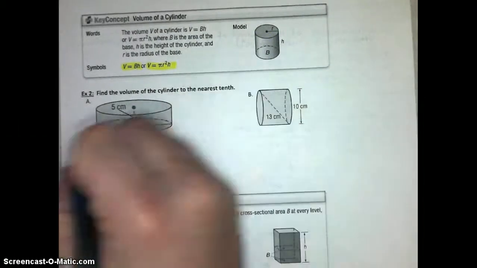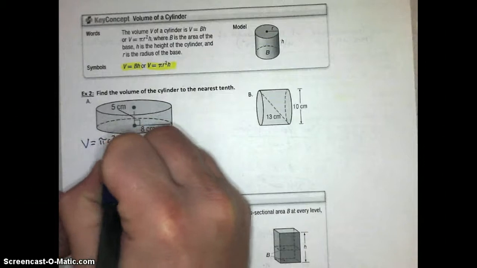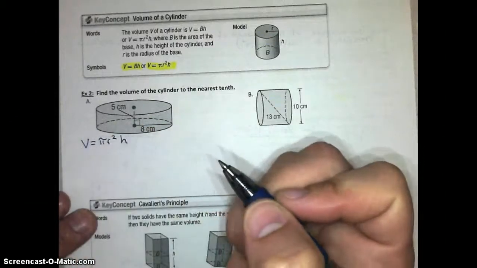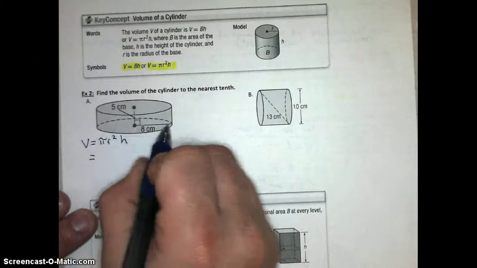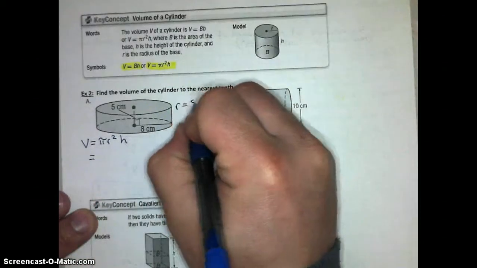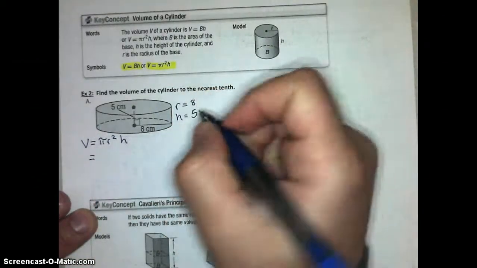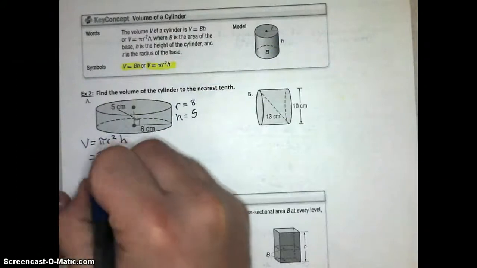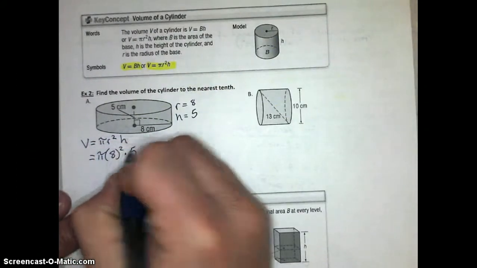So we're going to use the volume formula here of pi r squared times the height of your cylinder. The radius is given to us as 8 centimeters. The height of your cylinder is 5 centimeters. So we just plug in those values and simplify.